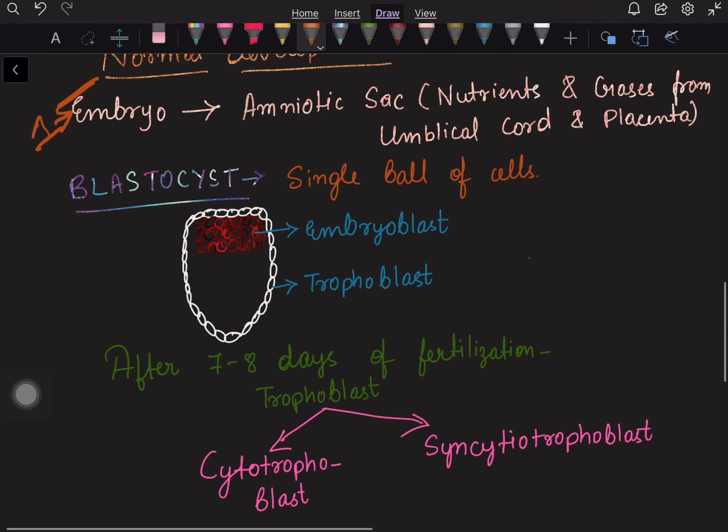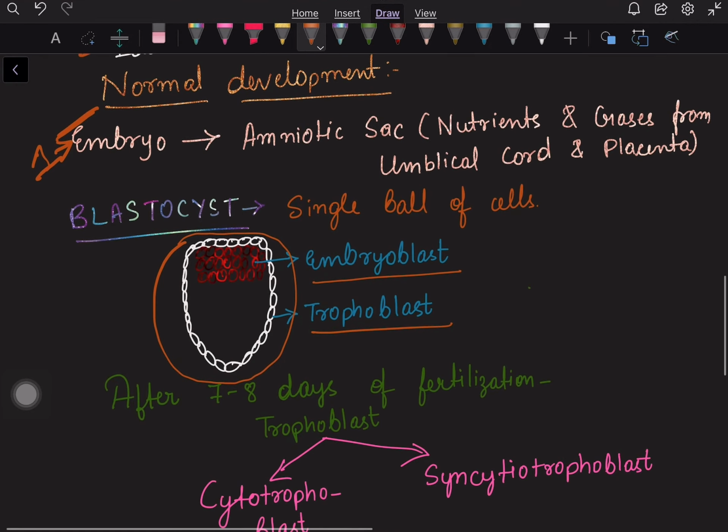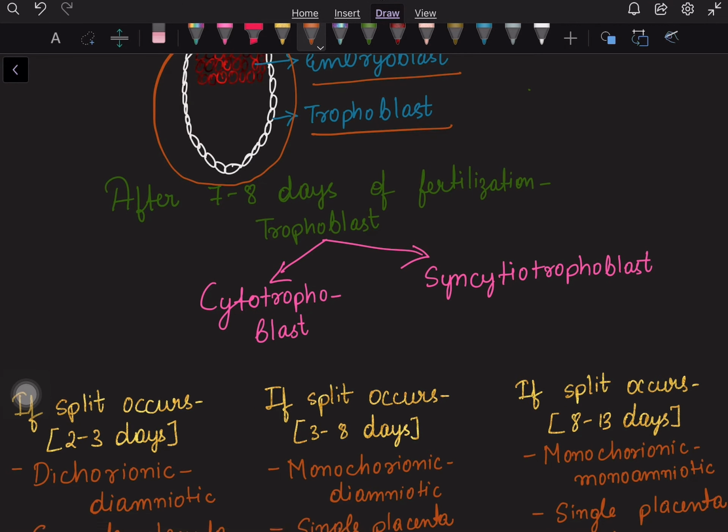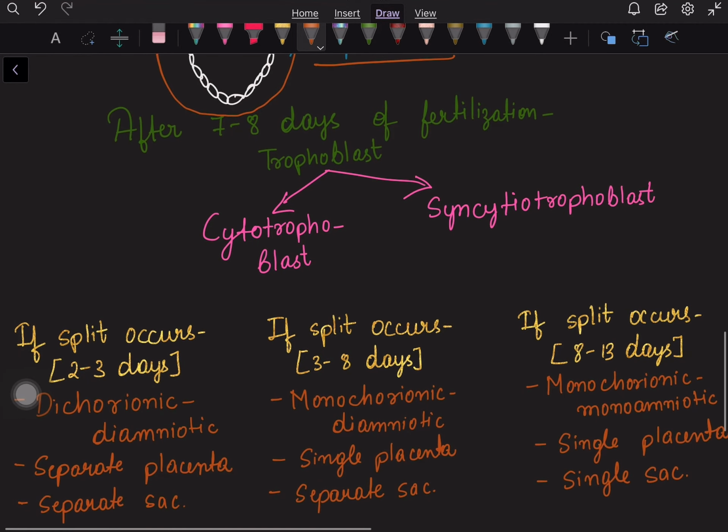So there comes the blastocyst. What is a blastocyst? A single ball of cells. The blastocyst has an outer layer called the trophoblast and an inner layer called the embryoblast. In identical twinning, after 7 to 8 days of fertilization, the outer layer, the trophoblast, gets divided into cytotrophoblast and syncytiotrophoblast.